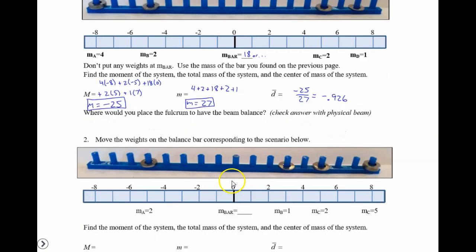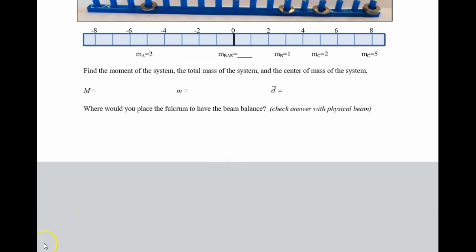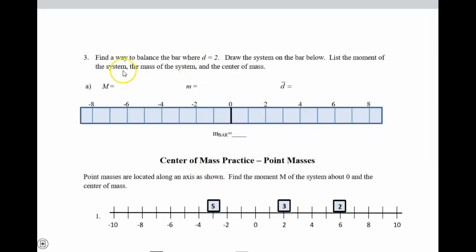You can do that with your own beam. Also try number 2 and see what you get. You should be able to check that it actually balances with the beam just by placing the fulcrum at the place that you computed. On the last page, there's one more, and again I'll let you try that.